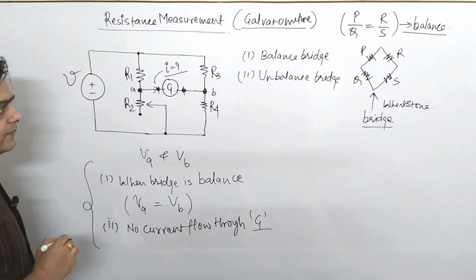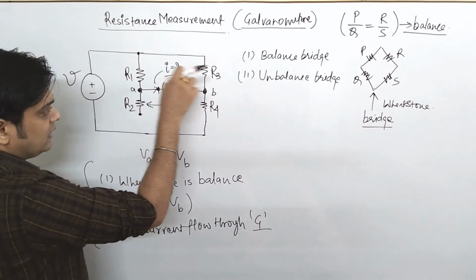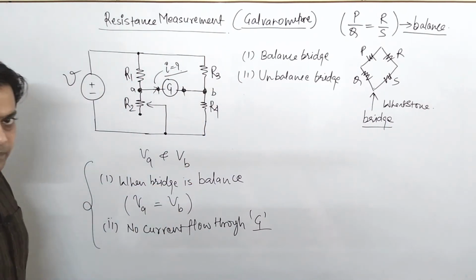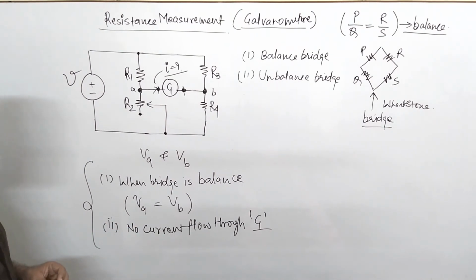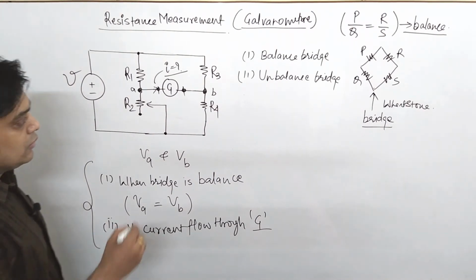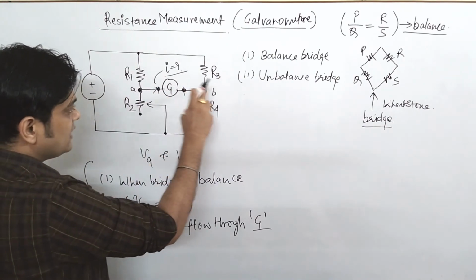This is only possible by finding the value of VA and VB. So when the bridge is balanced, you simply have to find the value of VA and VB.